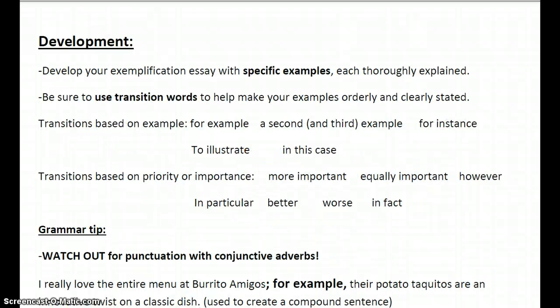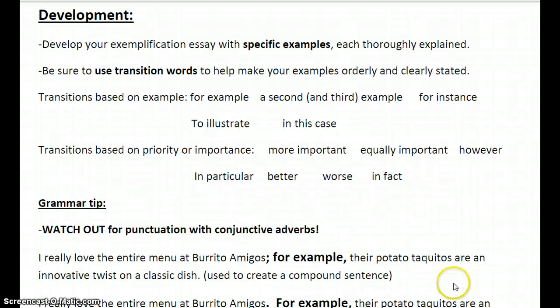I give you some guidelines on the handout. Use specific examples. I have a point about transition words when you go from one paragraph to the next, or when you're using multiple examples in one paragraph, you might want to use some transition words.